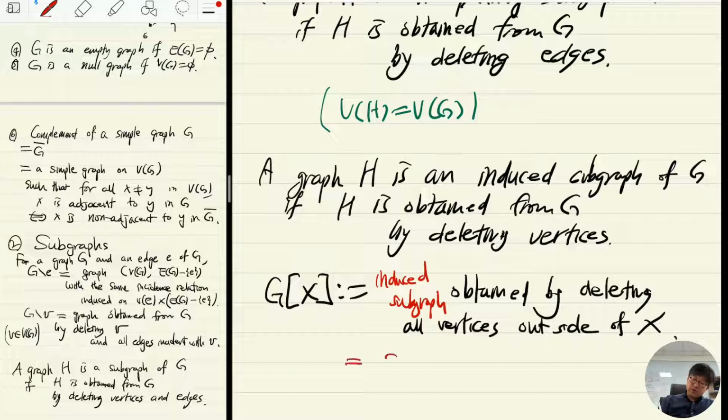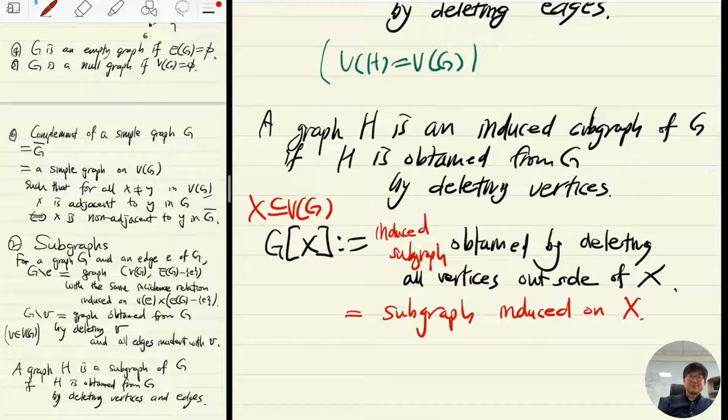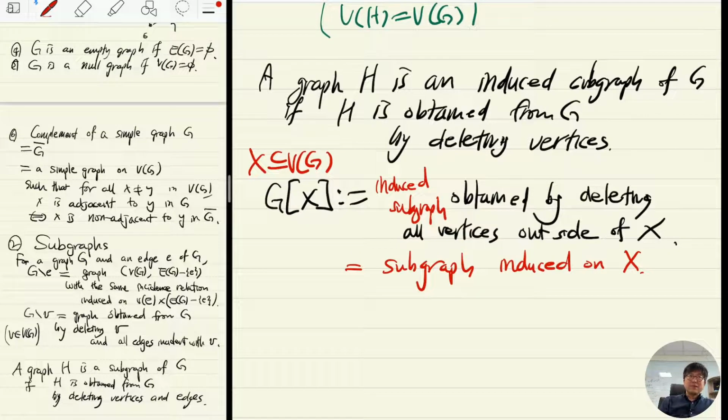So we normally say subgraph. Okay, so X is a subset of vertices, and this is the subgraph induced on X. All right. So that's subgraph.